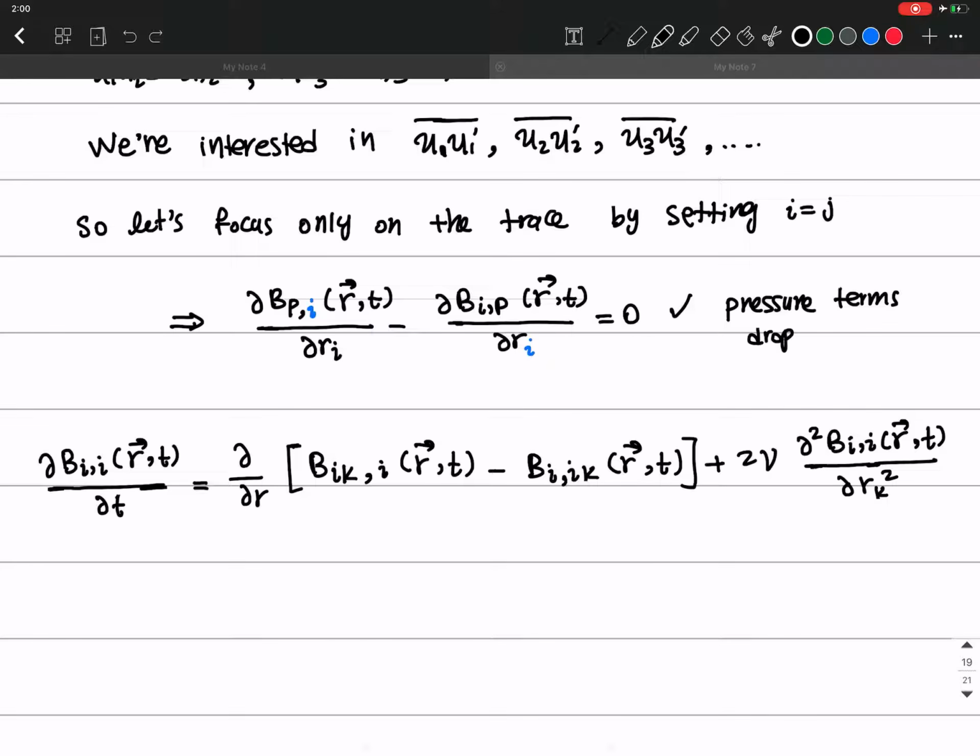So the next step I'm going to do to further simplify this equation is to do Fourier transform on this equation.